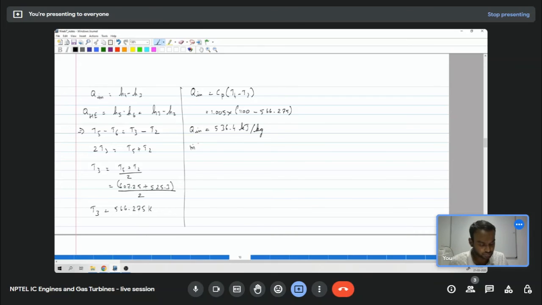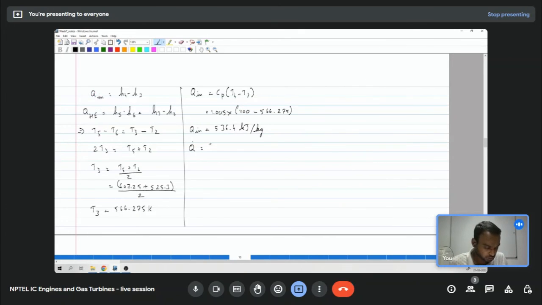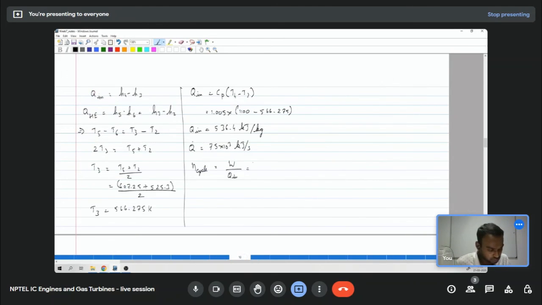We know that Q dot is given as 75 into 10 power 3 kilojoules per second, and we need to calculate the work output. We know the cycle efficiency, which is work by Q in. So here work is 258.47 and Q in is 536.4.